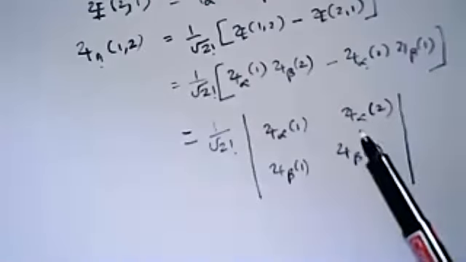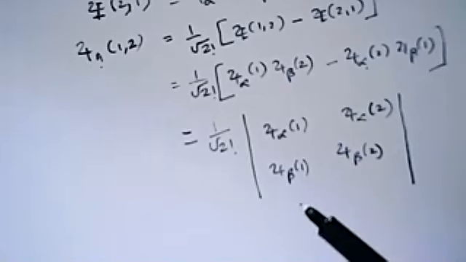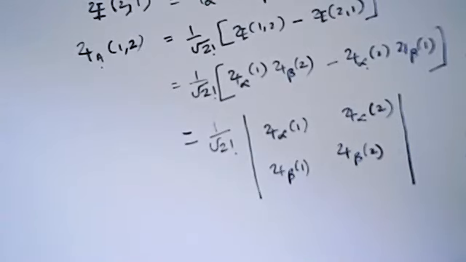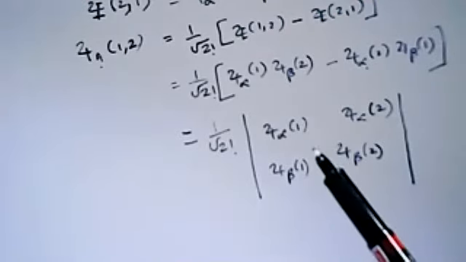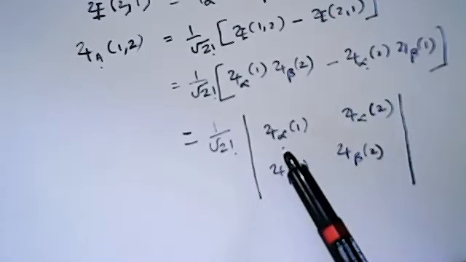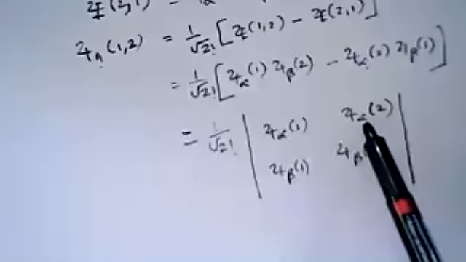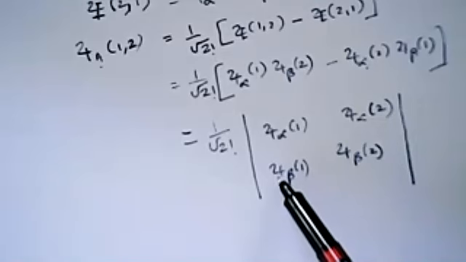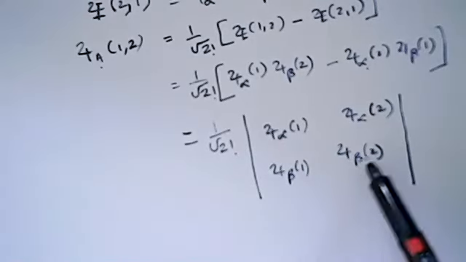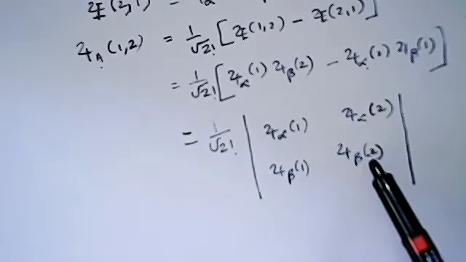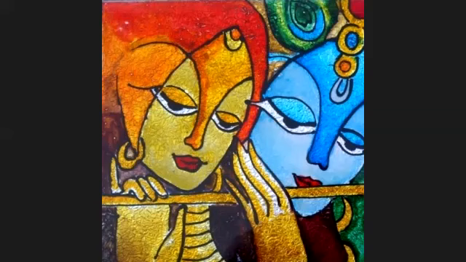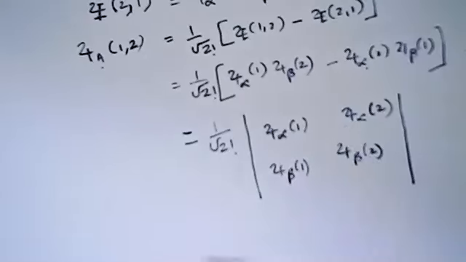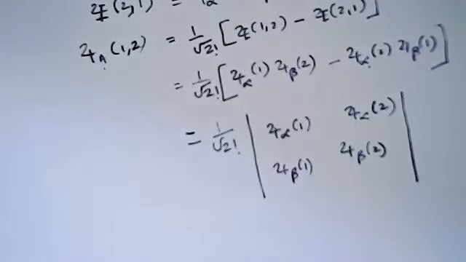Now we assume that both particles occupy state alpha. Then this determinant becomes psi alpha 1, psi alpha 2, then psi alpha 1, psi alpha 2. What happens? The rows become identical, so that psi A becomes 0.